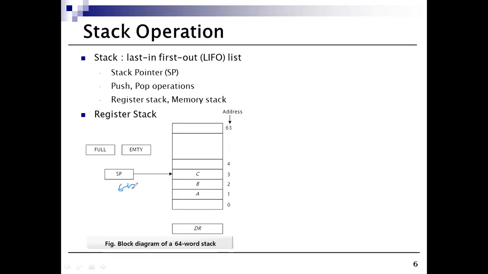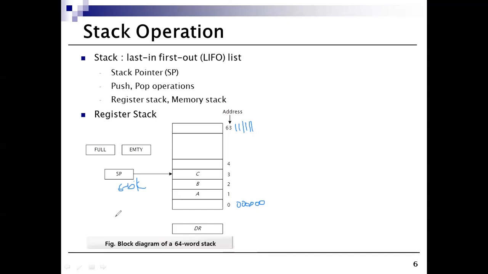So SP is a 6-bit register, which has stack addresses starting from 0, 0, 0, 0 to the last element, 6 ones. We call that a stack pointer, and it will always point to the top of the stack.